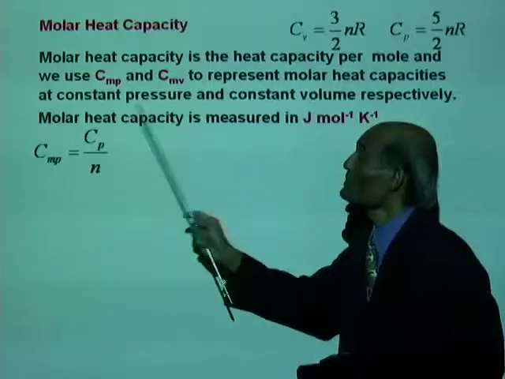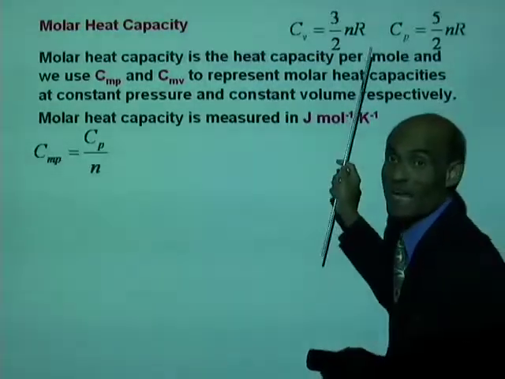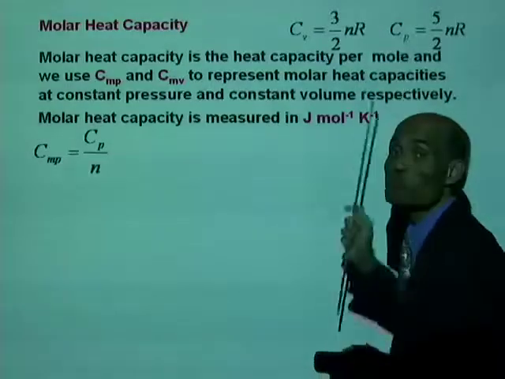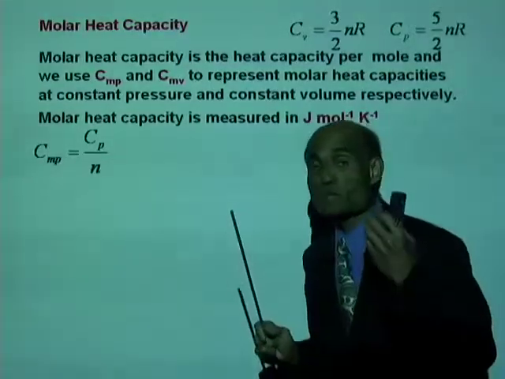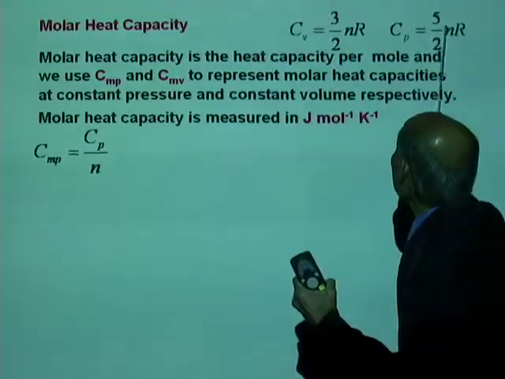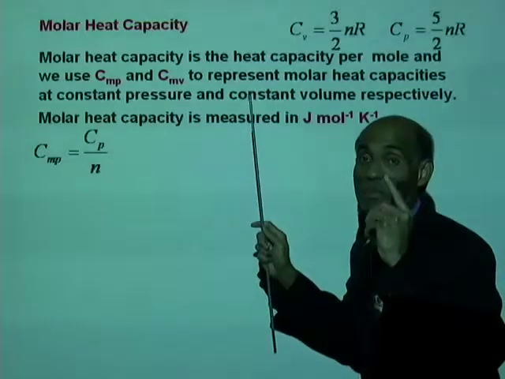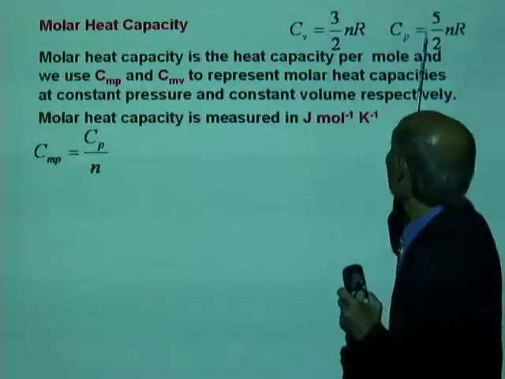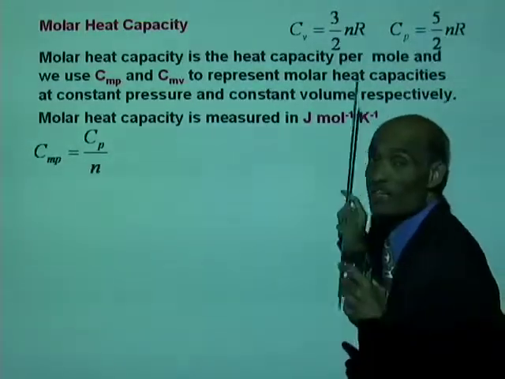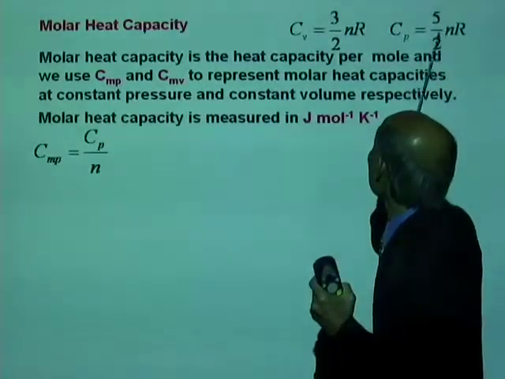So let's see what Cmp is. I want you to look at this again and think about it. Cp is the amount of heat needed to raise the temperature of n moles of a gas at constant pressure by 1 Kelvin. Therefore, the amount of heat needed to raise the temperature of 1 mole, you divide by n.